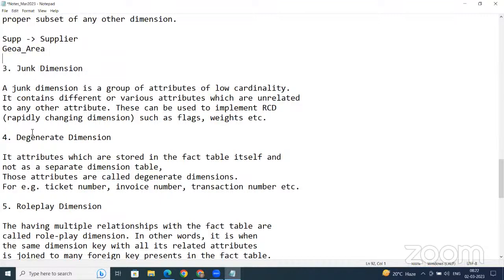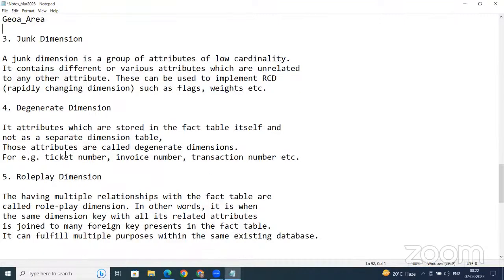And the next one is degenerated dimensions. A degenerated dimension means an attribute that is generated by a system. It is stored in the fact table itself and not in a separate dimension table.